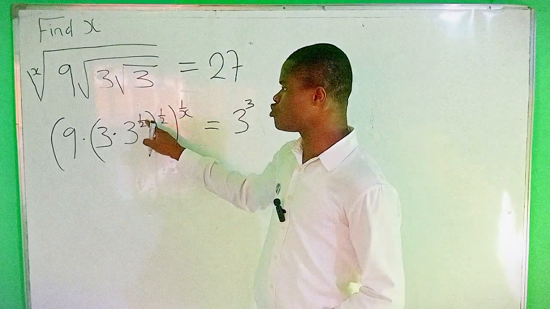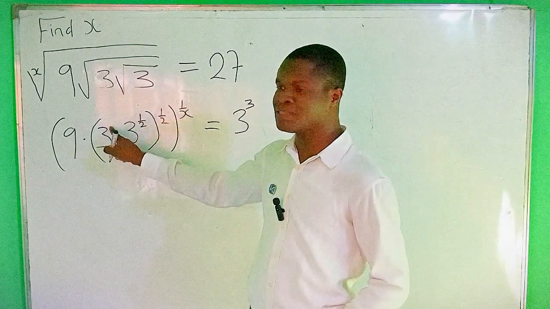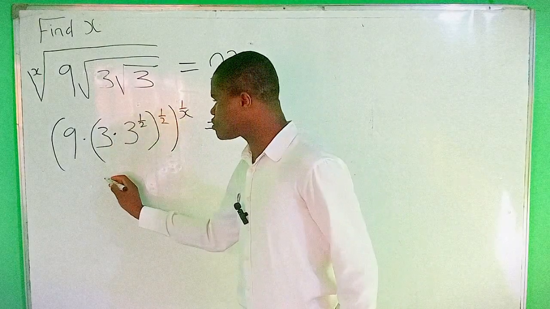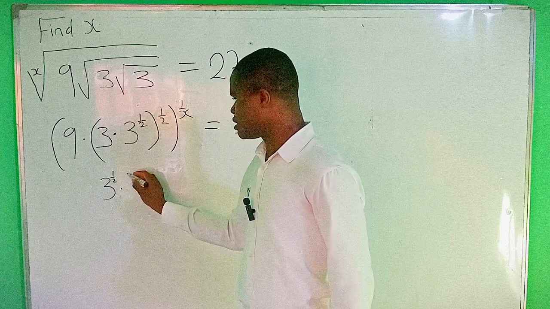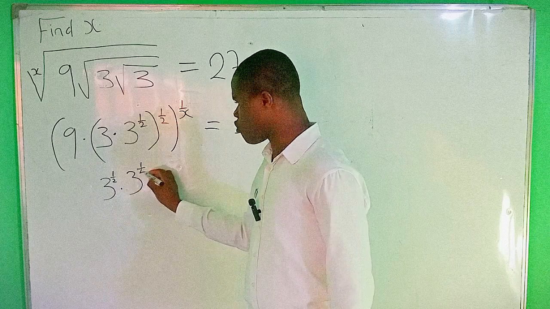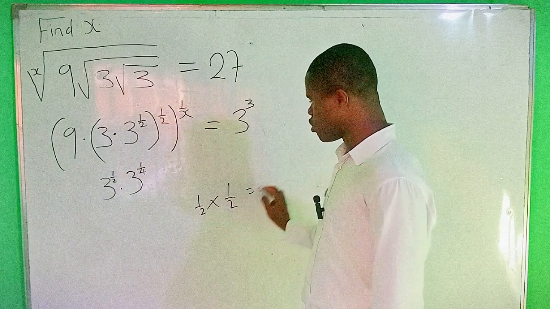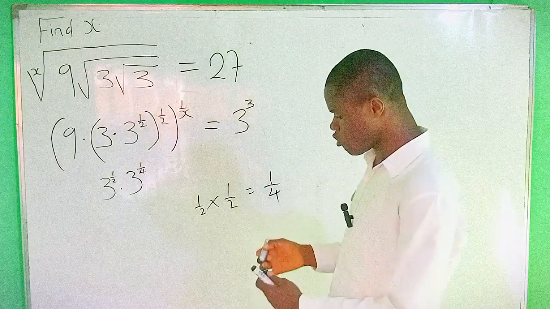I will use this 1 over 2 to multiply this 1 over 2, and use this 1 over 2 to multiply the power of 3 here, which is 1. So it becomes 3 raised to power 1 over 2 times 3 raised to power 1 over 4, because 1 over 2 times 1 over 2 is equal to 1 over 4. 1 times 1 is 1, 2 times 2 is 4.